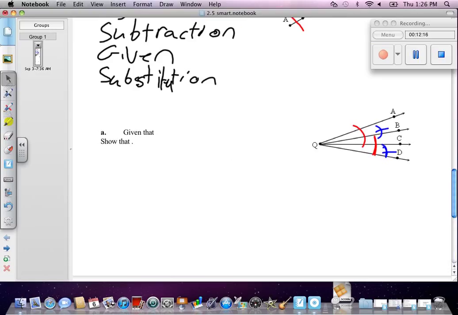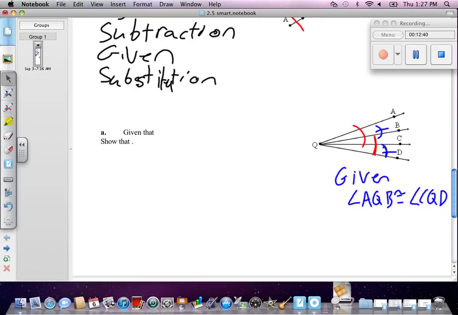Before I make my proof, let's talk about this. What do you think we're going to use? We're going to use given. So I'm just going to make a little list over here, just so we're thinking in our head. I'm going to use the given, and that's angle AQB is congruent to angle CQD.